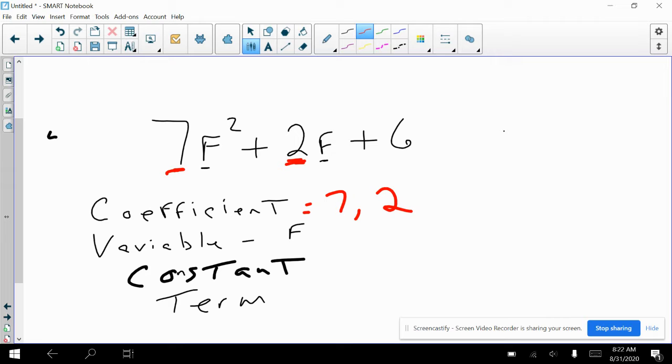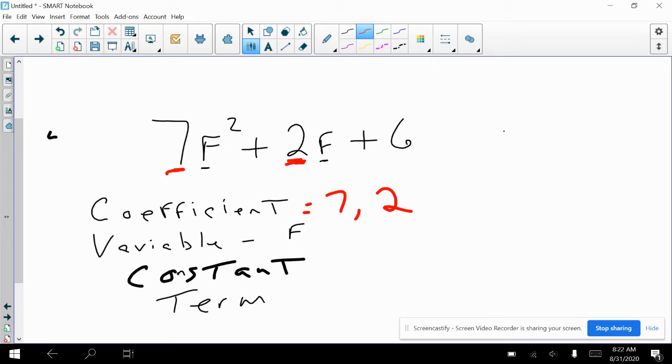Okay, now we've got to identify what a constant is and a term. Anybody have any idea what those might be? Kaya?